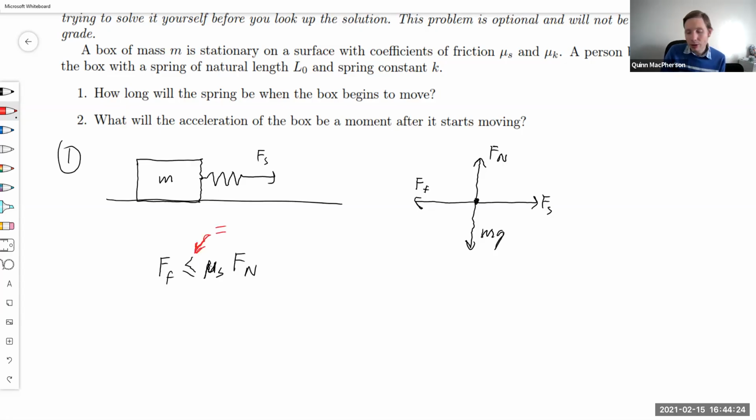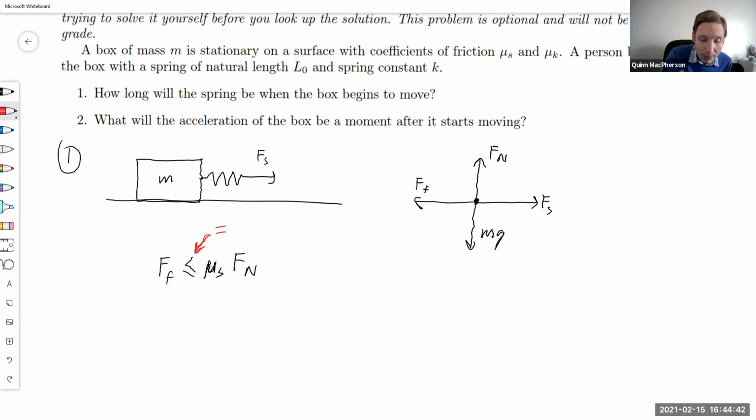The reason being, we need to pull it all the way until it moves. Before it moves, it might be less than, but we want the maximum, so right when it moves. Okay, so force spring is equal to mu s Fn.